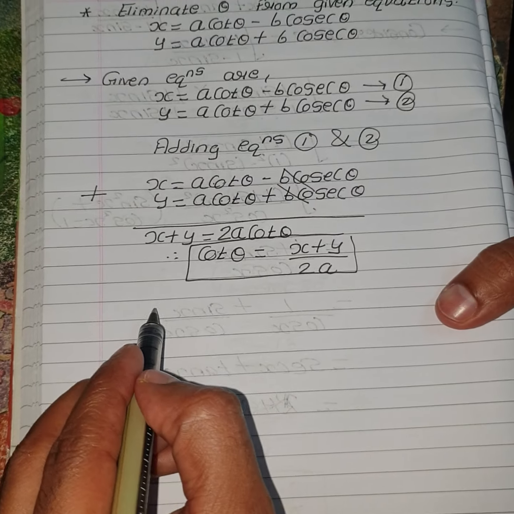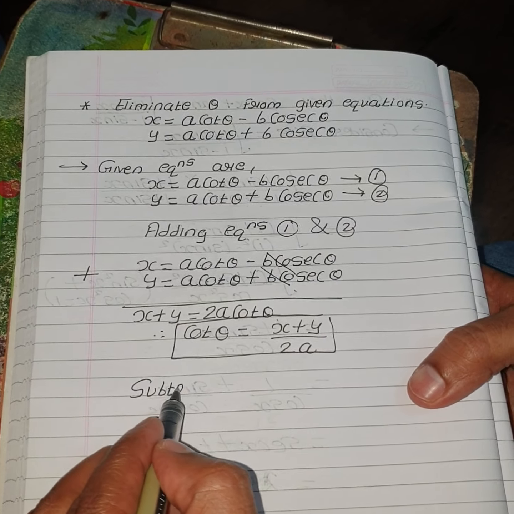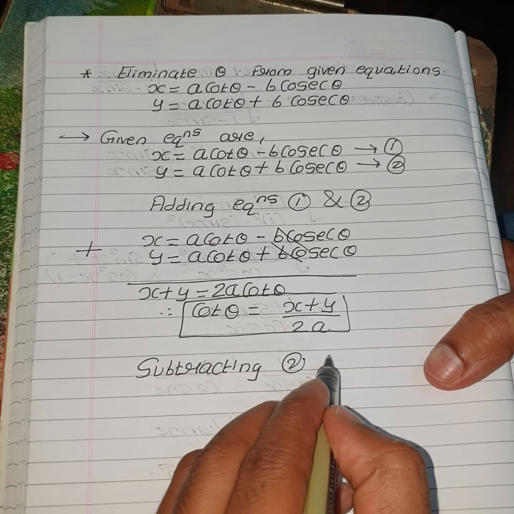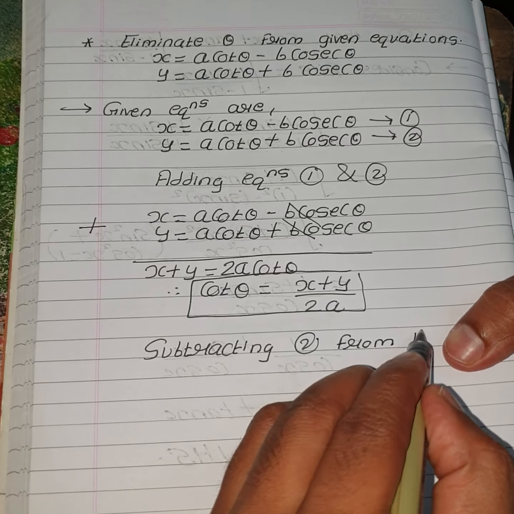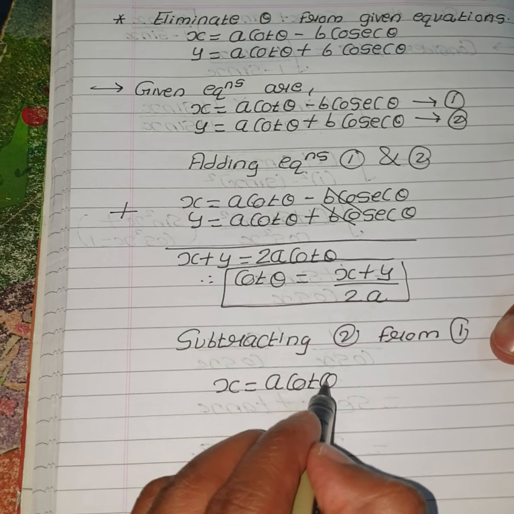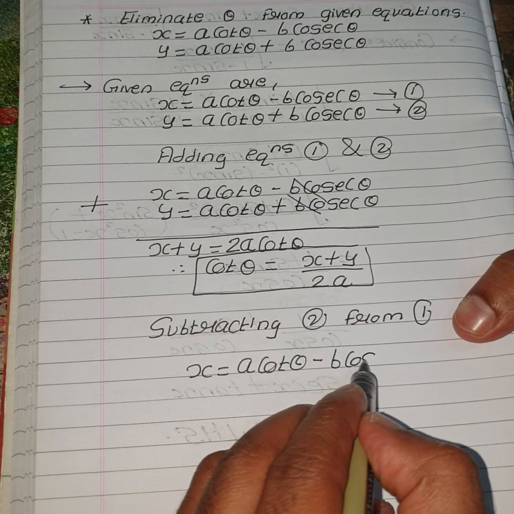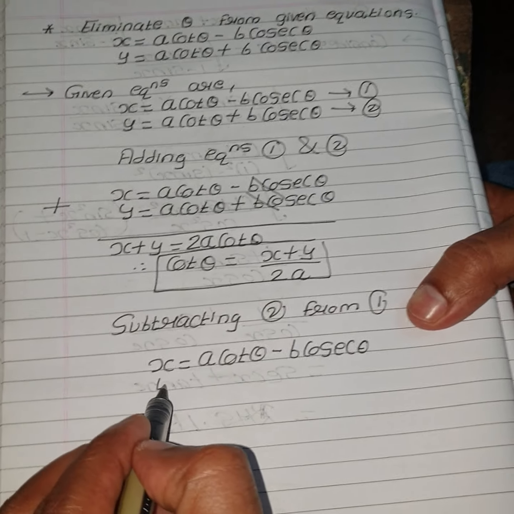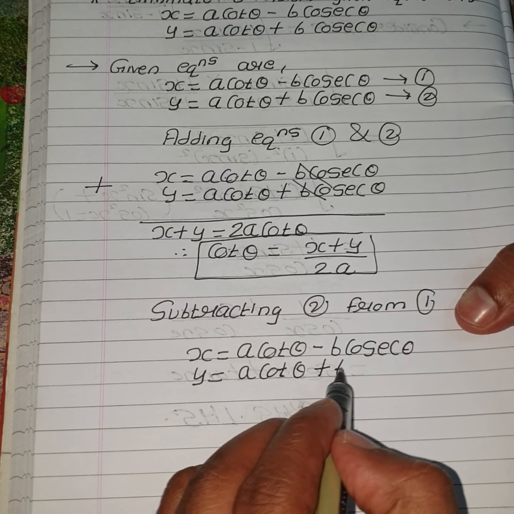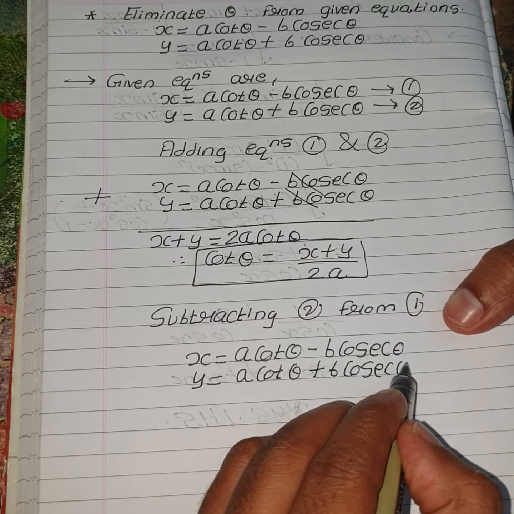Now similarly we will subtract both the equations. Subtracting 2 from 1, x is equal to a cot theta minus b cosec theta, y is equal to a cot theta plus b cosec theta.